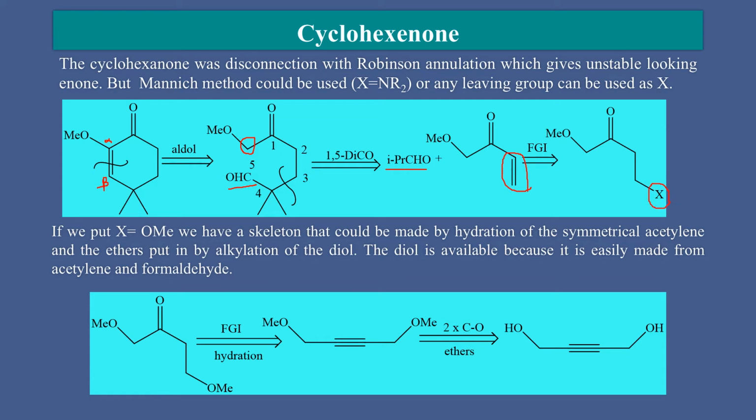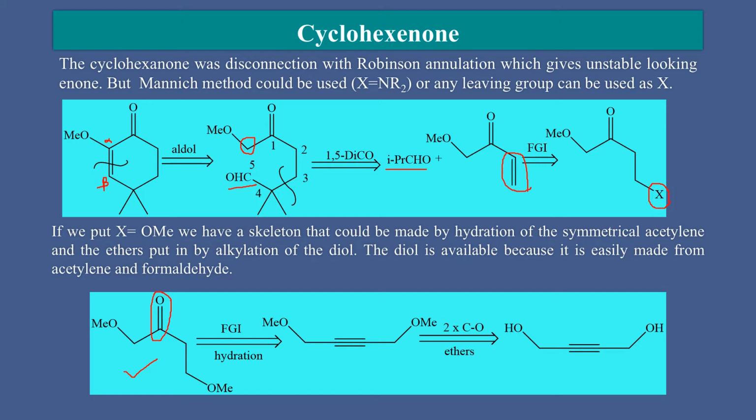If this X is equal to methoxy, then this symmetrical compound is obtained. So let's suppose that this X is equal to methoxy group, and we know that the keto carbonyl compound can be obtained by hydration of a triple bond.